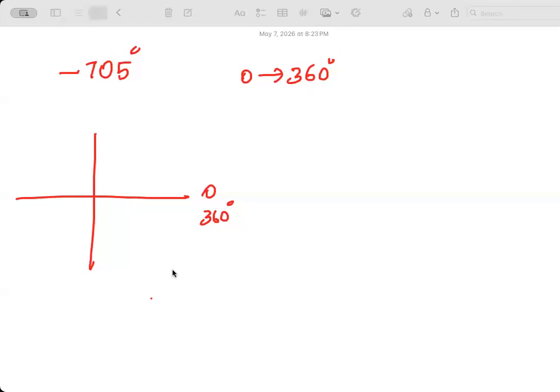Minus 705. Rishit, is that right? Yeah, that's right, Avni. Rishit, is that right? Yeah, that's right, Arush.